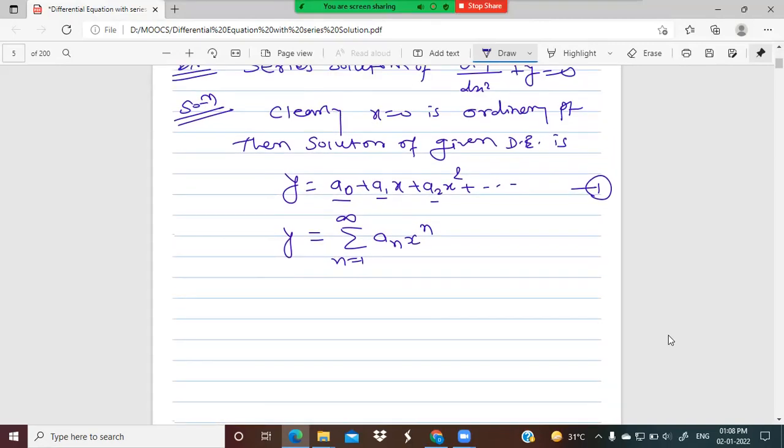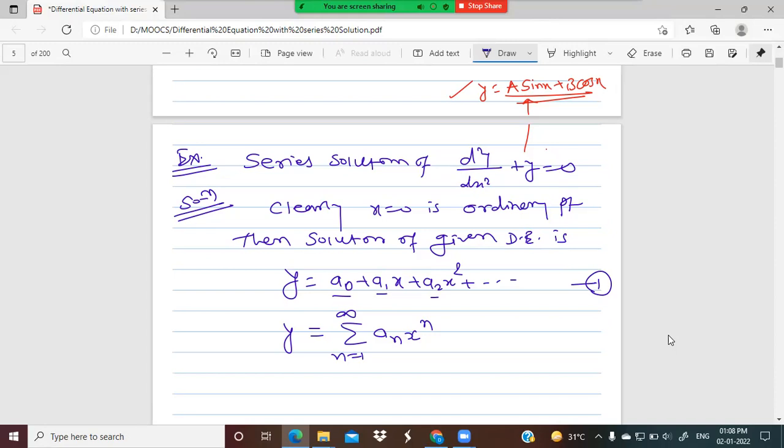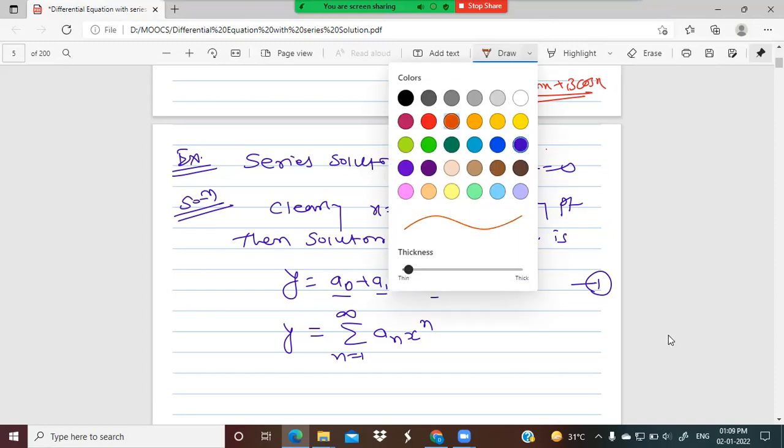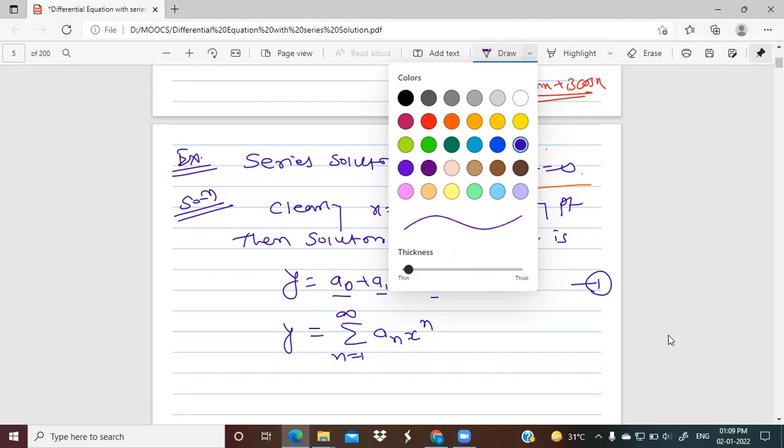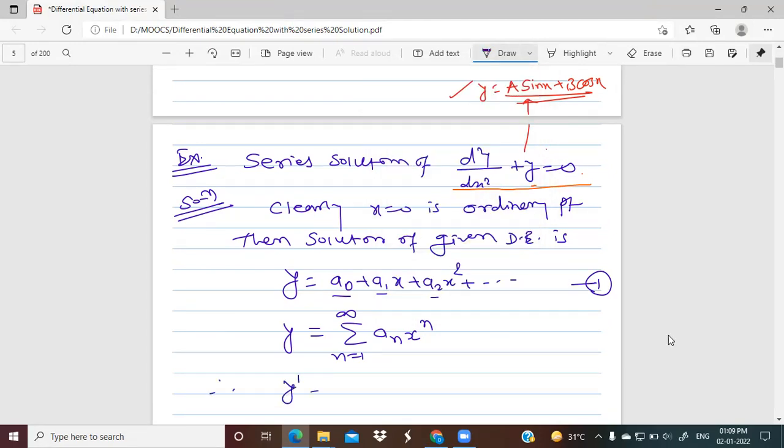Now we'll try here, as per the given equation. In this given equation, the double derivative of y is there and y is there. Therefore, we need to find them directly. Therefore, y prime is equal to the summation of n into an into x raised to power n minus 1, and n varying from 1 to infinity.